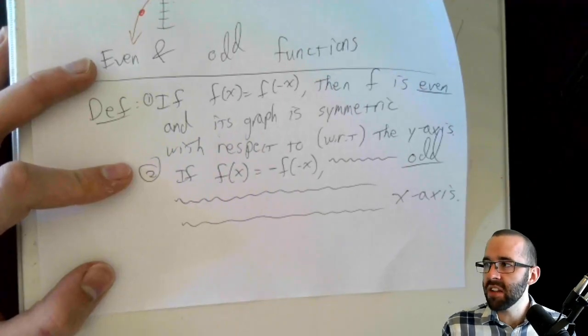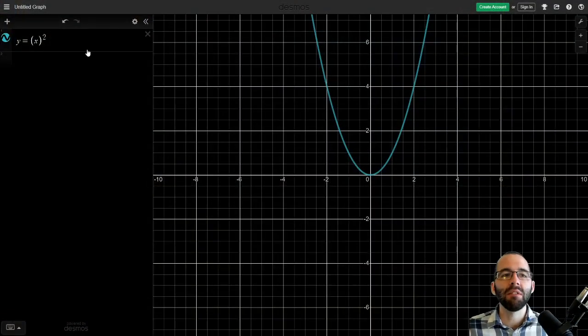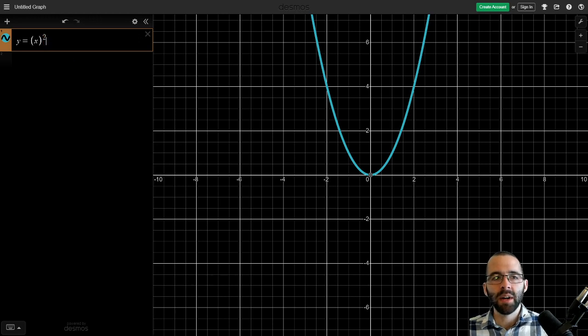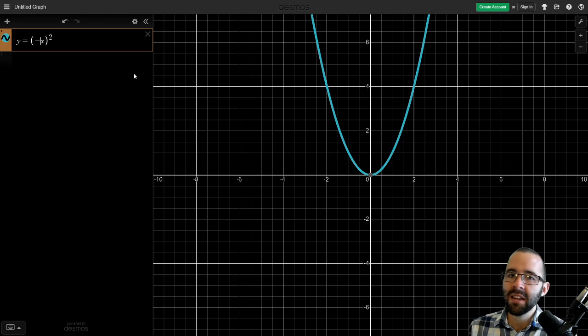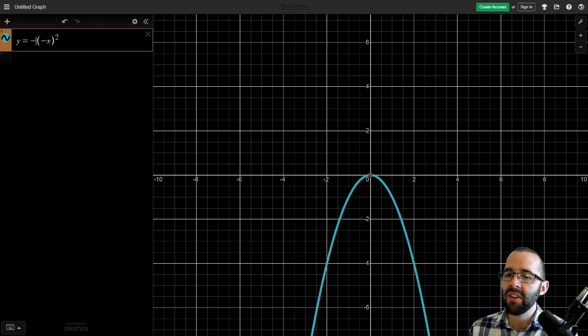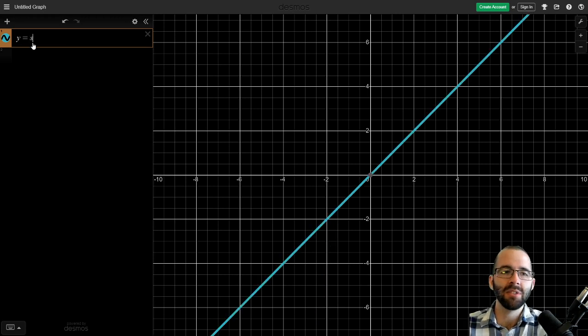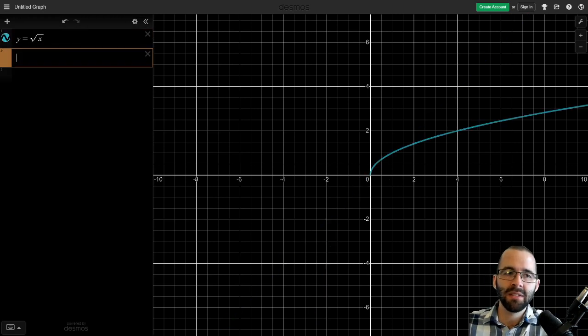So let's try to find some odd functions. Let's look at our toolkit functions. So this one is not going to be an odd function. Reflected around one axis and reflected around the other axis, that's not the same thing. So x squared is not an odd function. Let's look at some other ones.